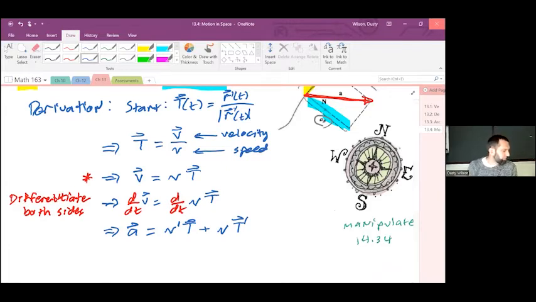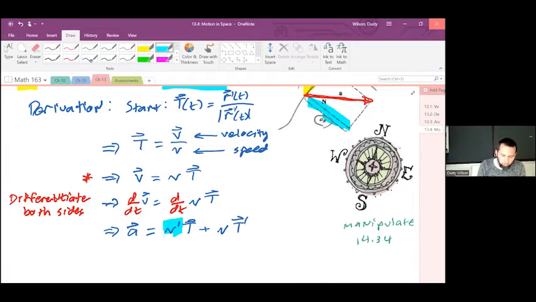Oh my gosh. At this stage, we need to recall something. So we're getting there. Notice that this v prime in front of the T would tell us how much of the unit tangent there is in the acceleration. So we're definitely moving in the right direction, but we don't like that T prime.